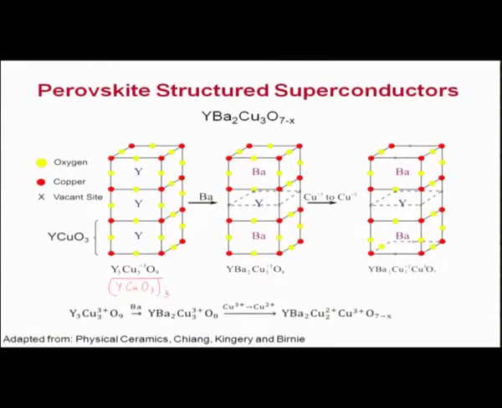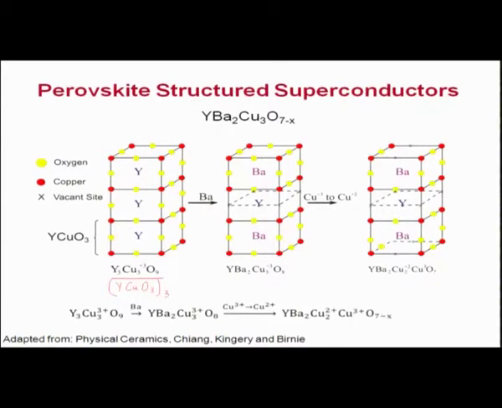You further reduce Cu3+ to Cu2+, so that it becomes YBa2Cu2(2+)Cu(3+)O7. So, you have 2 of the Cu as Cu2+, 1 of the Cu as Cu3+, and as a result oxygen becomes 7. When you do that, the reduction is not complete. It's not stoichiometric.